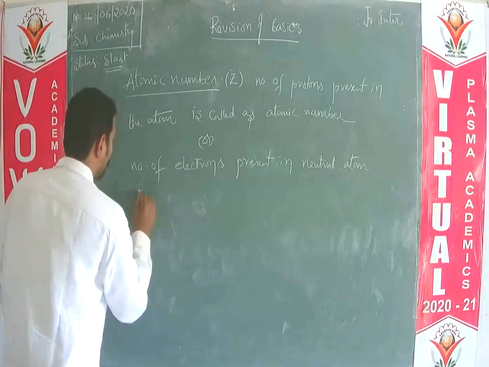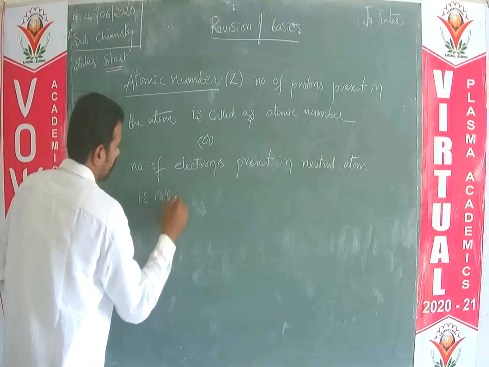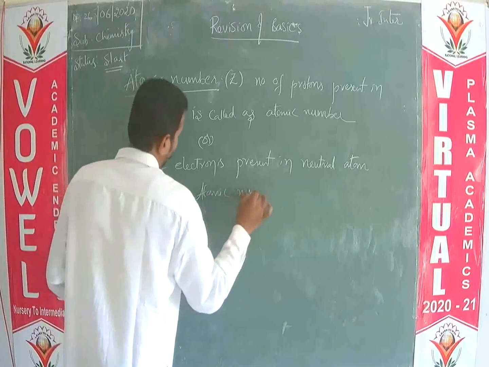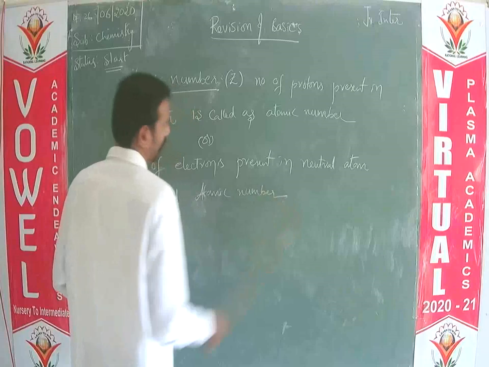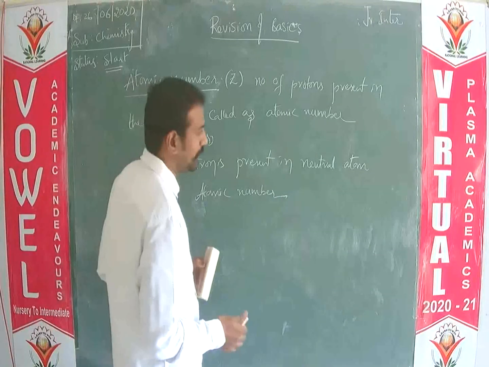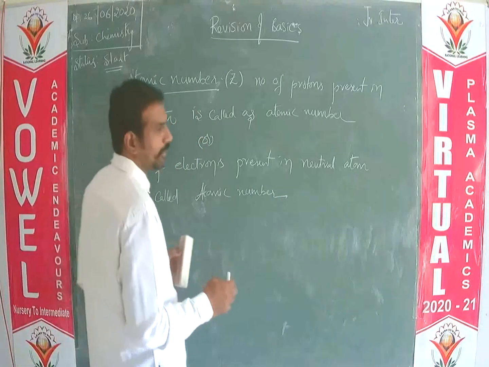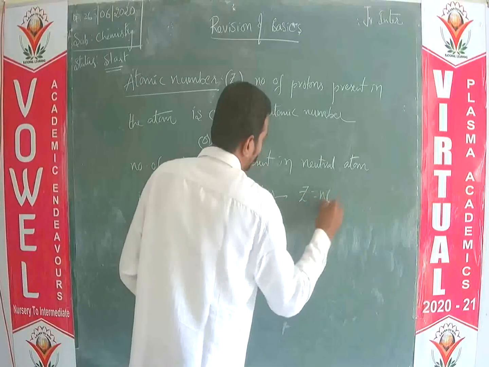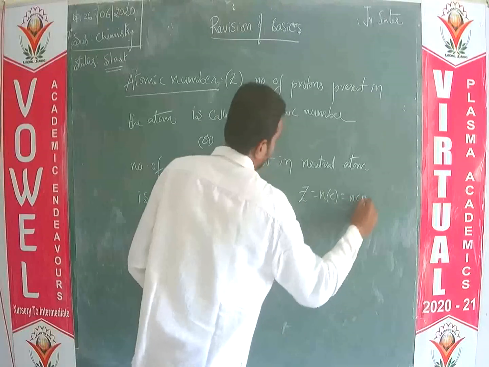Here the term neutral atom must be written; you have to remember that. I already told you in the neutral atom the number of electrons and number of protons are the same. That is, Z equals N of E equals N of P.